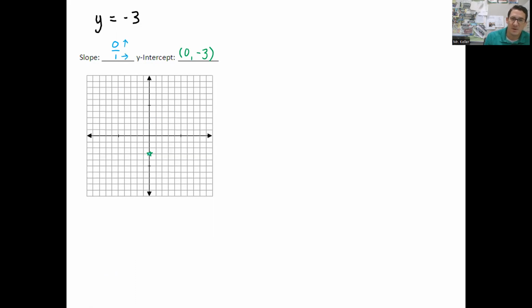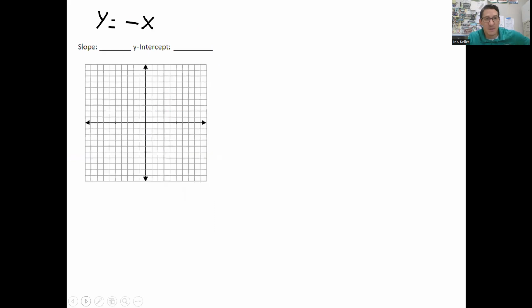So it doesn't go up anywhere, and to the right 1. So what happens if you don't have a slope? If the slope is 0, there's no x in the equation. It's a straight flat line. The slope is 0, so it has no rise in it. It doesn't go up or down, it just goes left and right. It is a straight horizontal line, and it goes to whatever that y-intercept is.